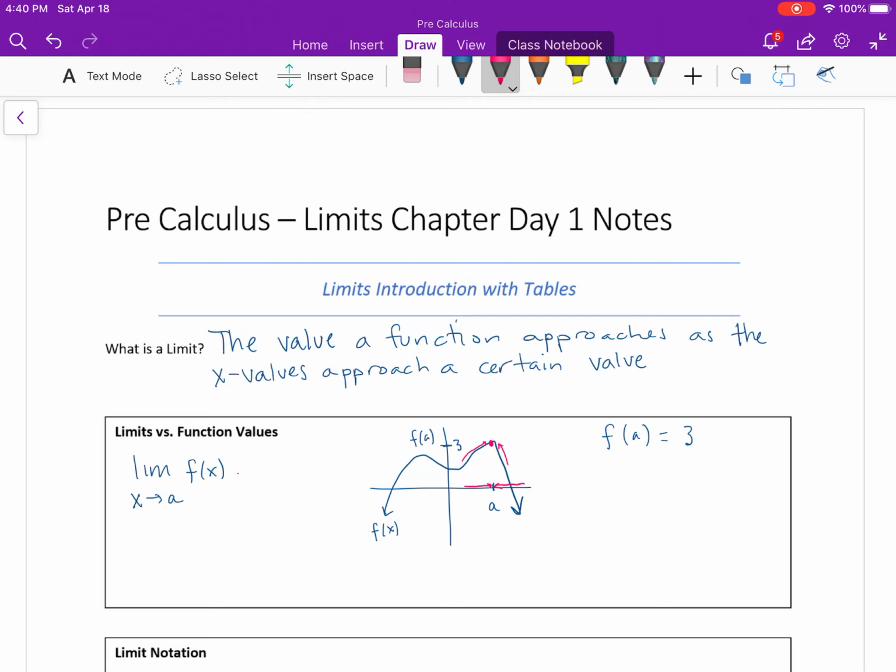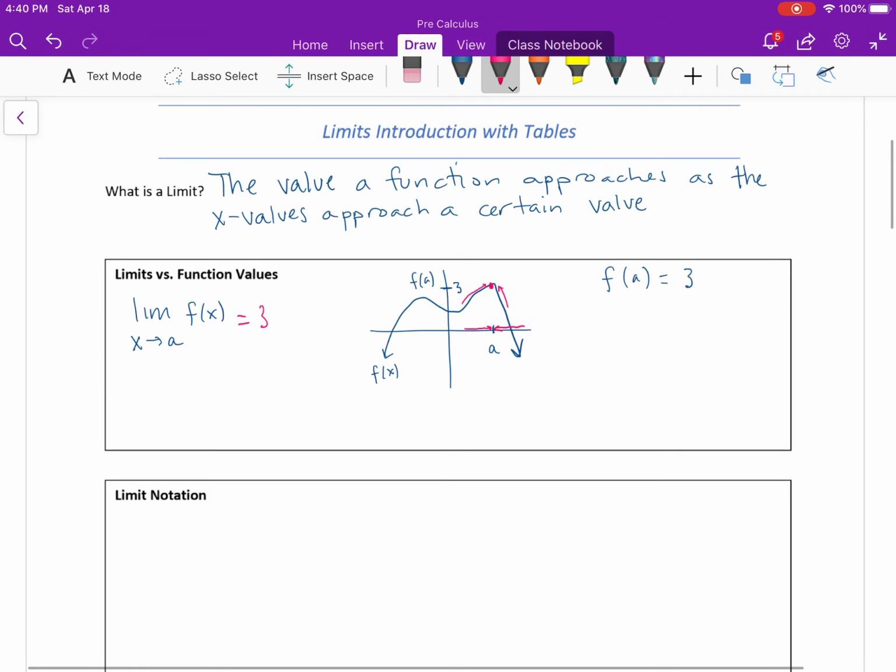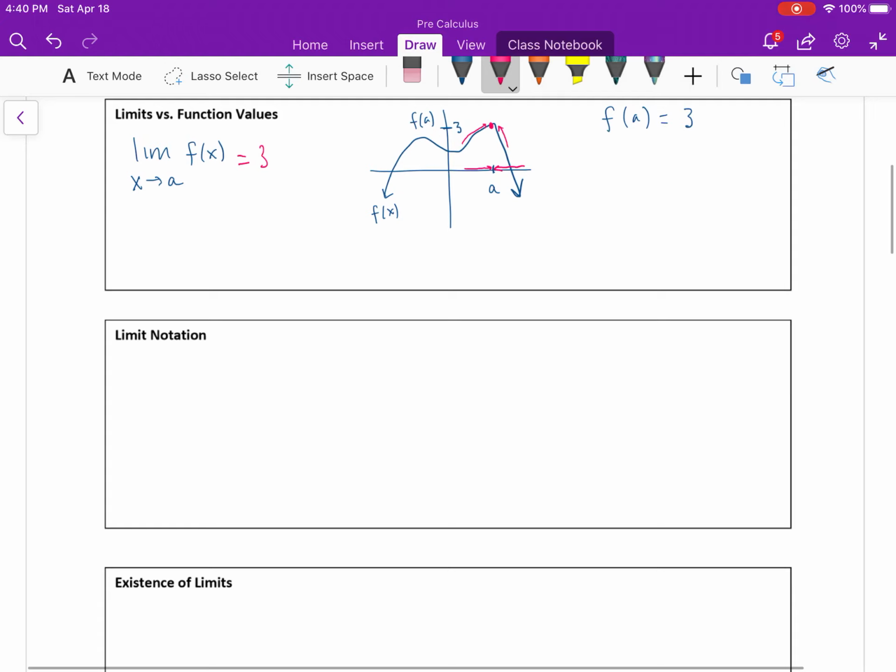So in this case, they're actually the same. But the function value is the point at that spot. The limit is what it gets closer and closer to. And you'll see in some farther examples where those things might be different.